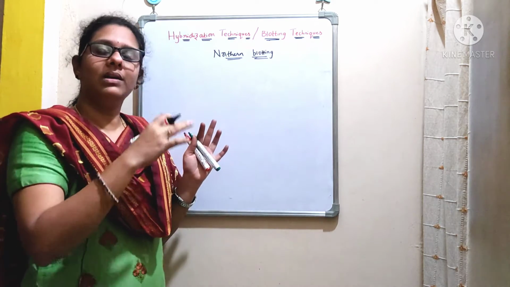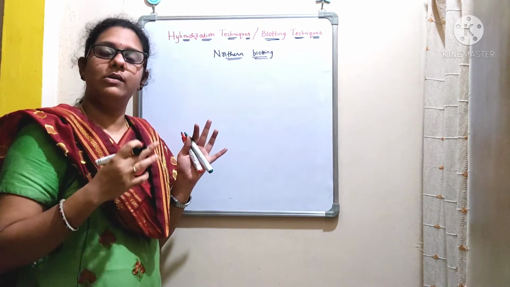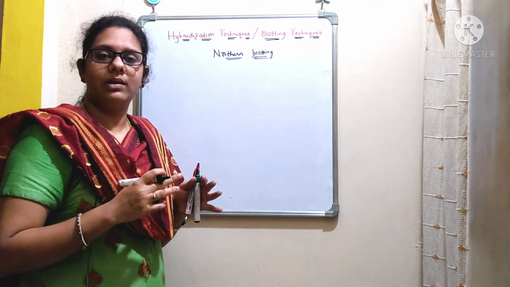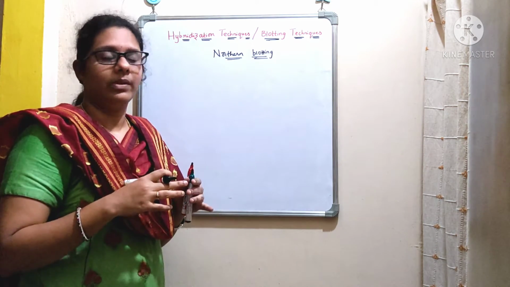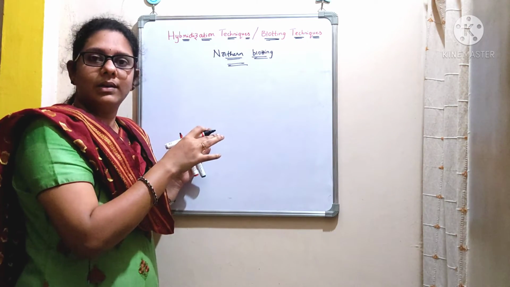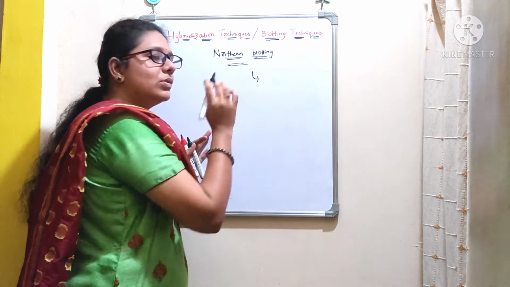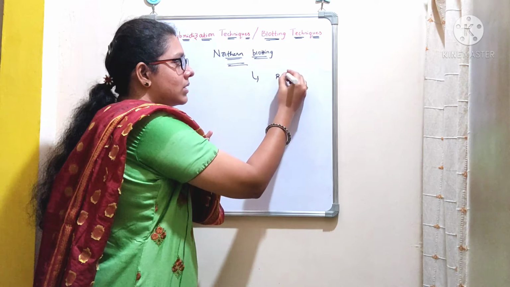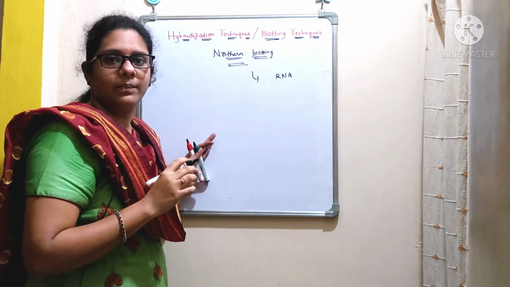So these blotting techniques are most commonly used by molecular biologists in the field of research, and especially we are talking about the northern blotting technique. This technique is used in the identification of a specific RNA sequence, right?